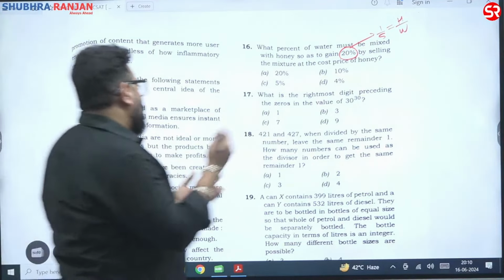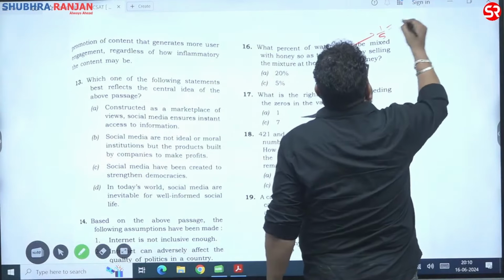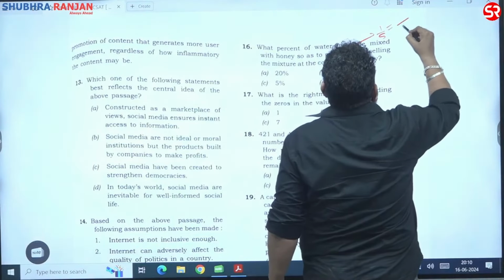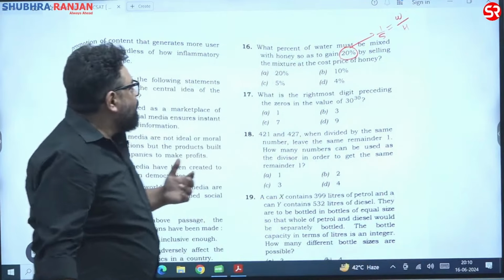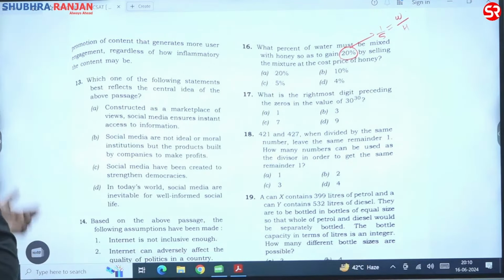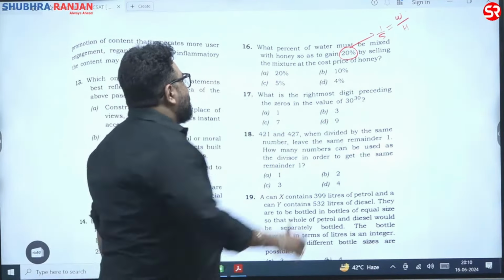So it is water and honey, guys. So I'm just writing it as this is honey, this is water. So water and honey. So he says what percentage of water must be mixed? So 1 part of water and 5 parts of honey. So 20%.